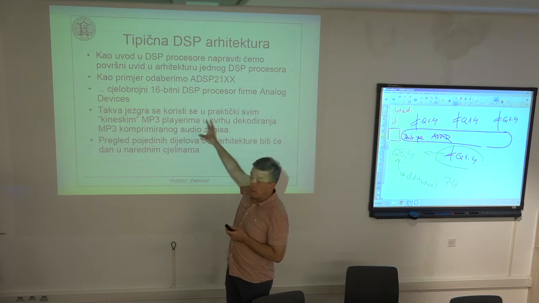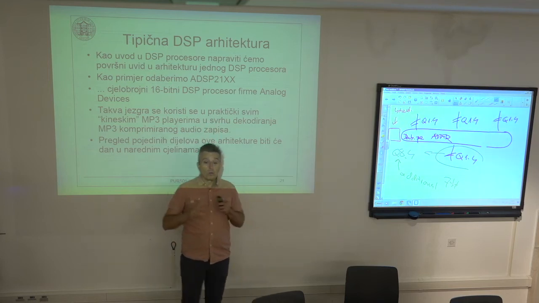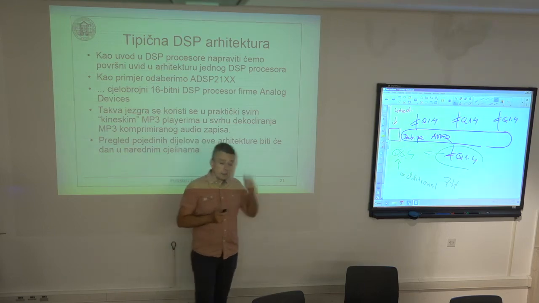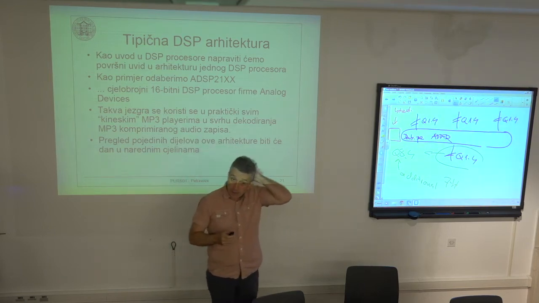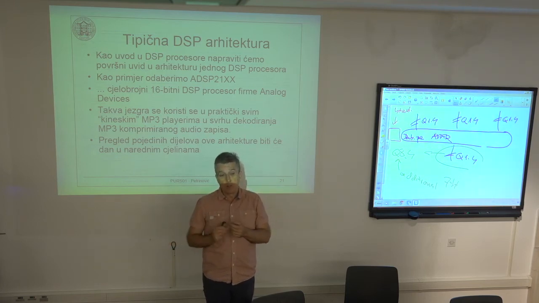And this Zilog Z80 plus this Analog Devices DSP were both, let's say, copied by the Chinese companies and integrated into a single chip solution that was combined with the flash drive.